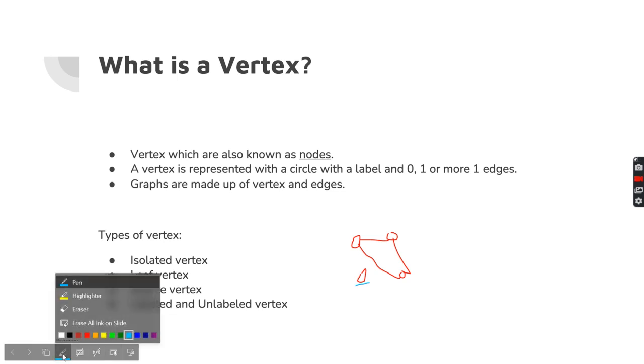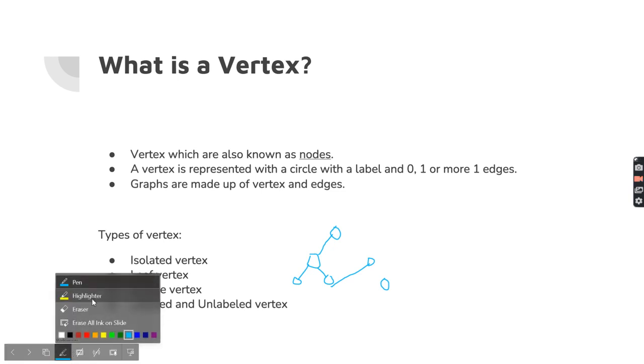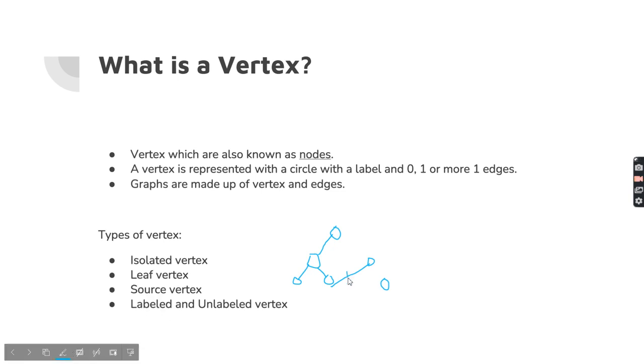So leaf vertex. If we consider a graph like structure like this, the last nodes, or the nodes which don't have a child, we can call leaf nodes or leaf vertex.